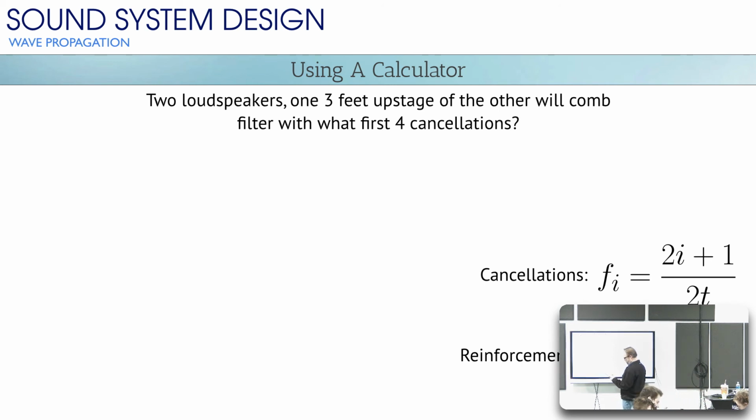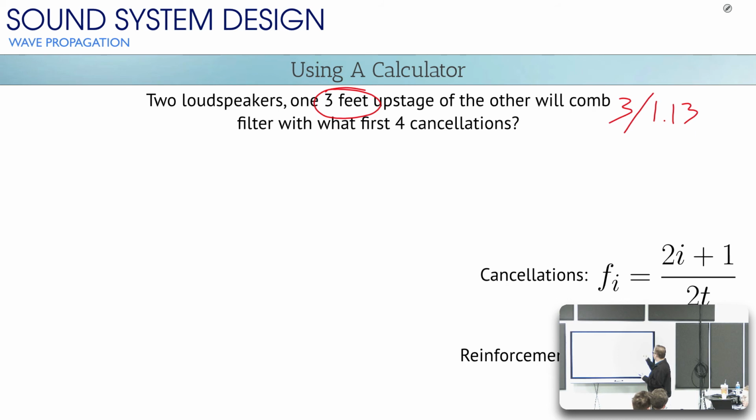Okay, well, the first thing we need to do is figure out T for 3 feet. You remember how we convert feet into milliseconds? Are we doing it with calculator? Yes. So then we divide by what? 1.13.